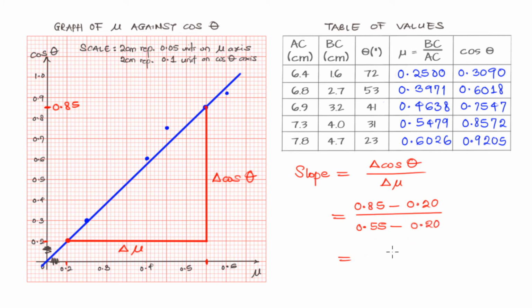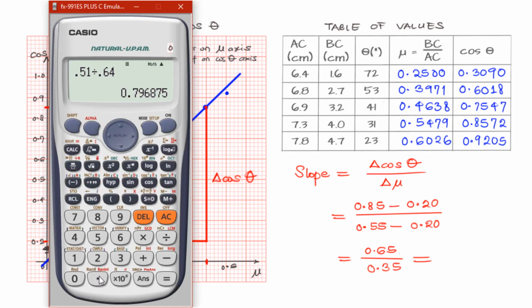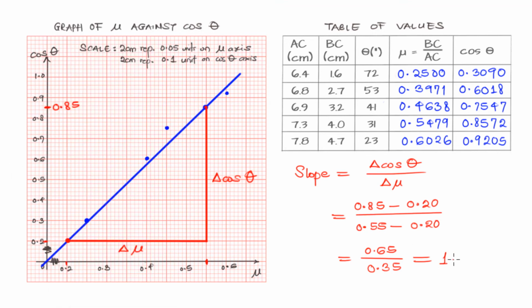It's coincidental that 0.20 is the value for both the lower values in this case. If you subtract and divide, we are going to have 0.65 divided by 0.35. That will be 1.857142, so that will give us 1.857. That is the value for the slope of our graph.